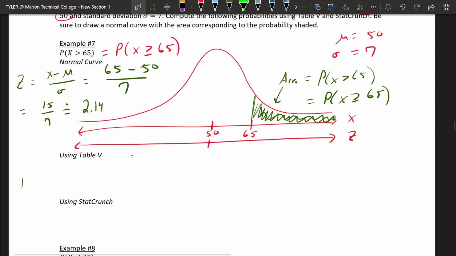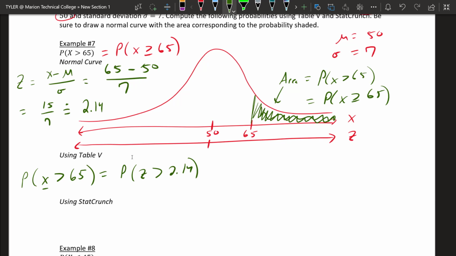In other words, what we're finding is that the probability that x is greater than 65 is the same thing as the probability that z is greater than 2.14. Notice I changed my variables, so I had to change the value associated with that.